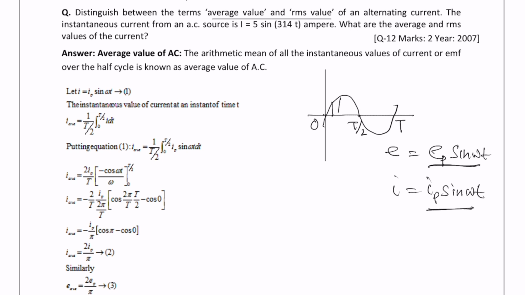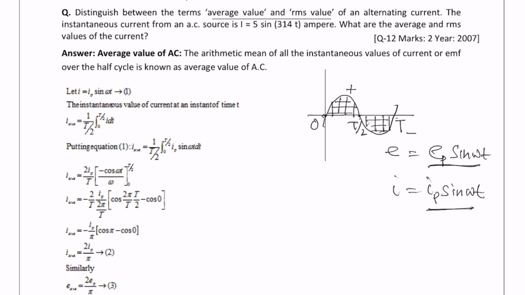We cannot take the average of all the instantaneous currents from 0 to T, because from 0 to T by 2 the current is positive and from T by 2 to T the current is negative. So if we sum up all the instantaneous currents over 0 to T, it will become 0, correct? Because whatever is in the positive direction, the same is in the negative direction.